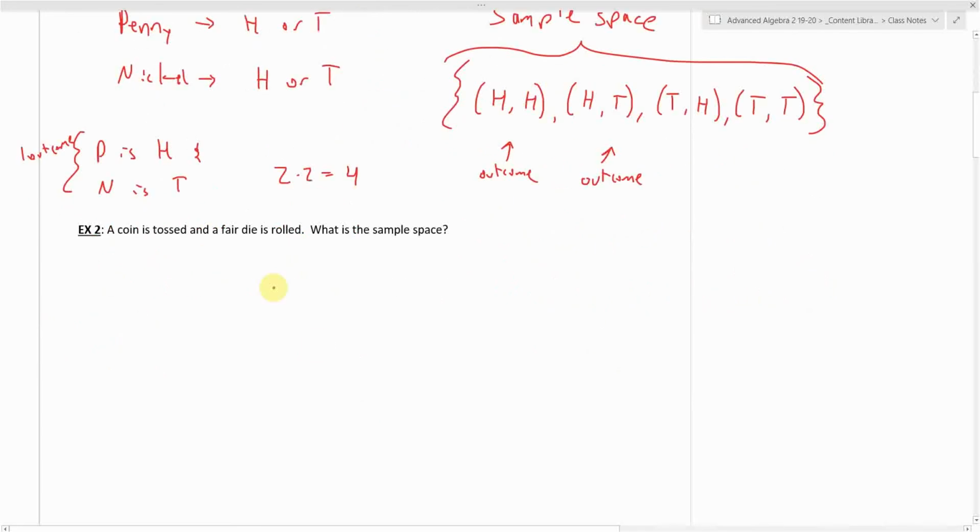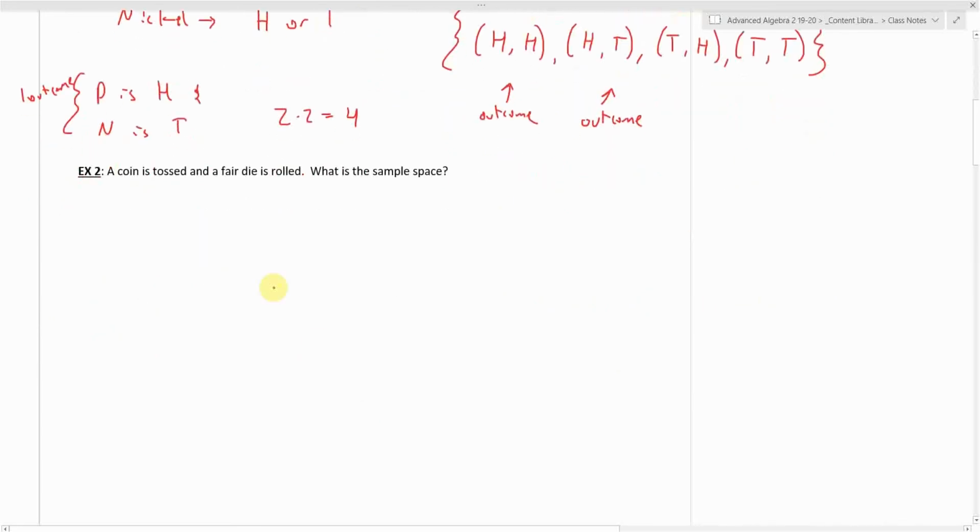Let's do another example. A coin is tossed and a fair die is rolled. The coin has 2 possible outcomes. A fair die, in case you were not aware, is a 6-sided die, 1, 2, 3, 4, 5, 6. What we mean by fair is that all sides have an equal likelihood of coming up.